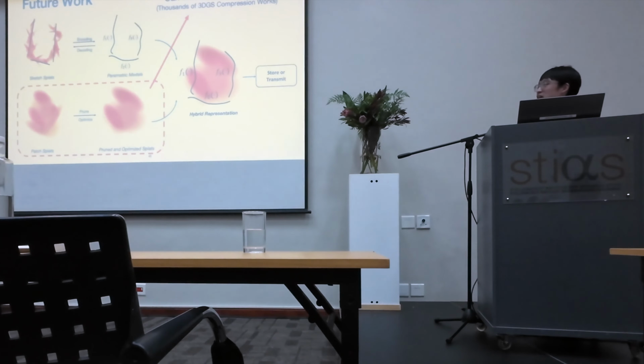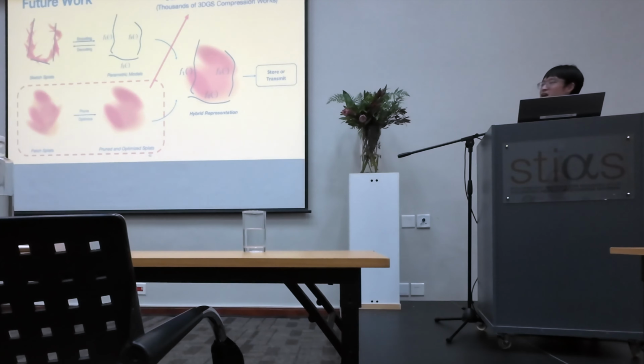Actually there are thousands of 3D compression methods now, posted on arXiv. So it is definitely fine for us to use those compression methods to further compress the patch splats, and we can achieve better results in terms of compression ratio and visual quality.